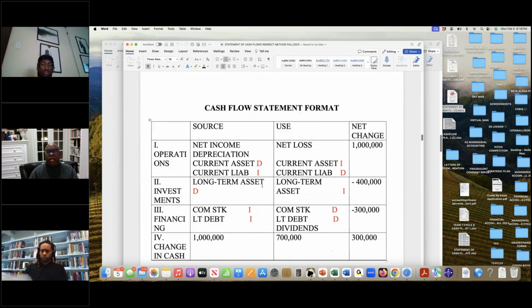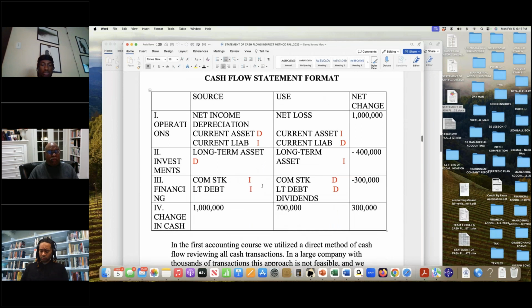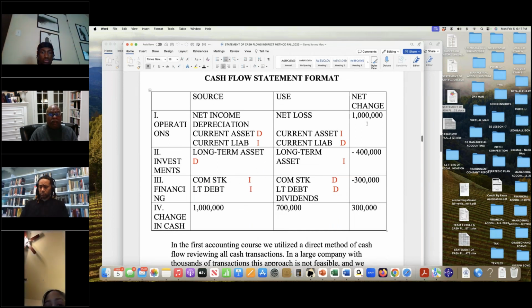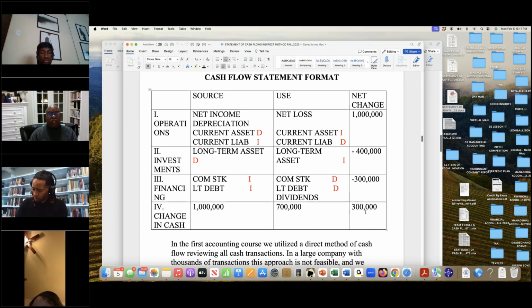So when we have a company, a corporation, we like to see something like $1 million in operation, could be more, could be less. We want to see investments negative. That is, the company is expanding. We want it to be paying off debt and paying dividends and still have cash left over.